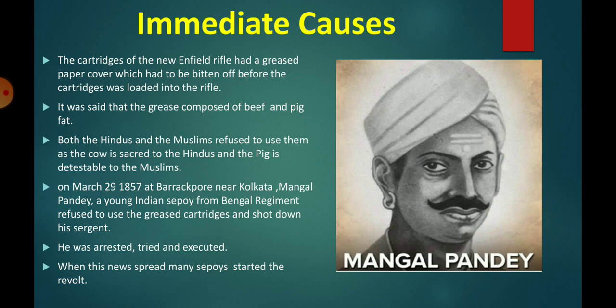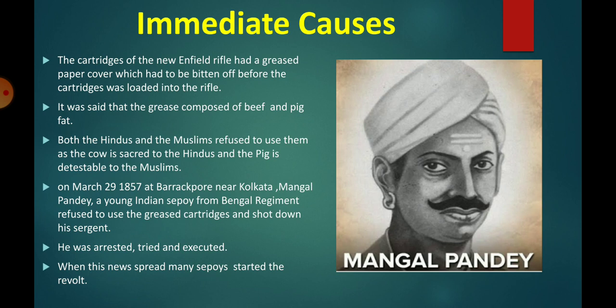The cartridge of a new Enfield rifle had a greased paper cover which had to be bitten before the cartridge was loaded into the rifle. It was said that the grease was composed of beef and pig fat.